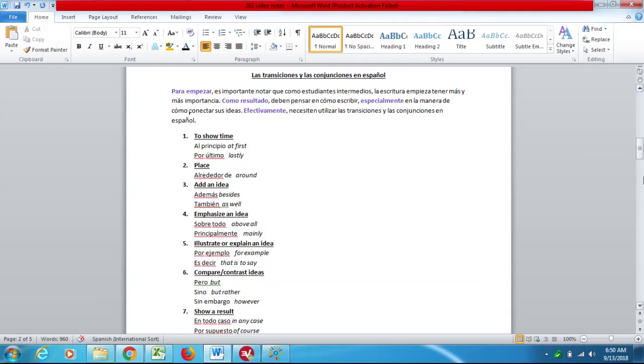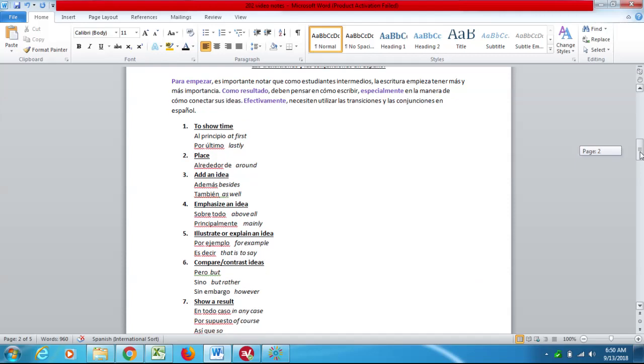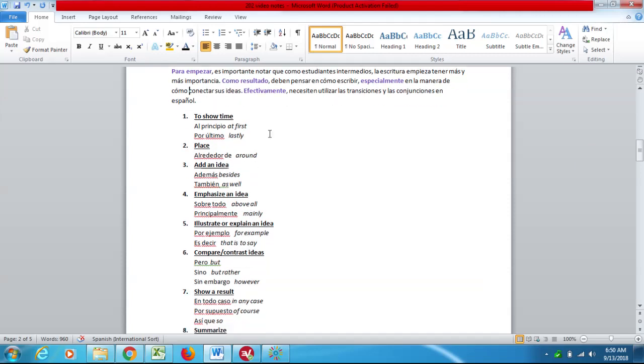A good way to use transitions is to categorize them. And we can look at some of the following categories. To show time, right? At first, al principio, por último. Place, alrededor de.